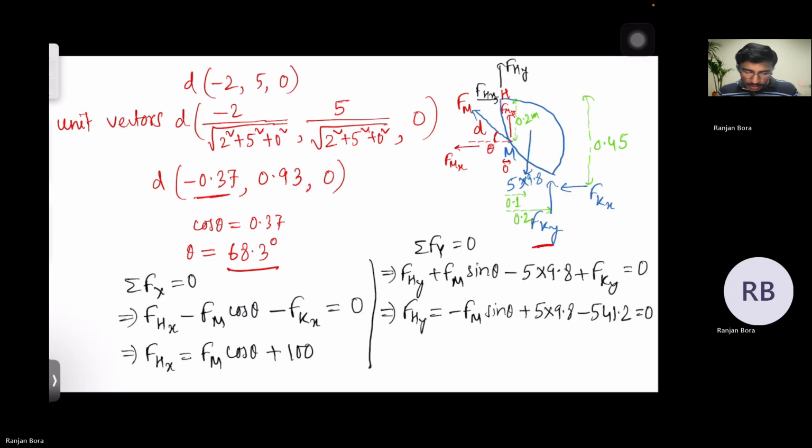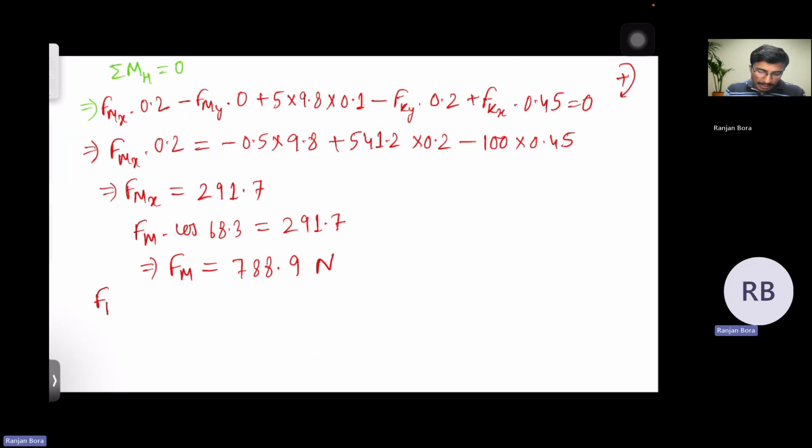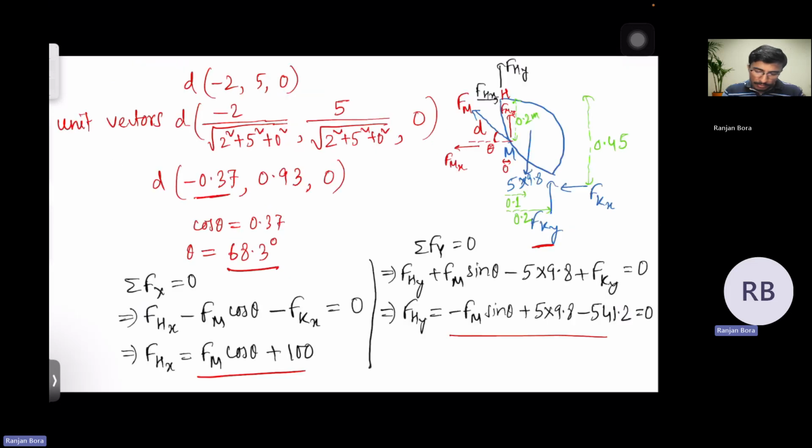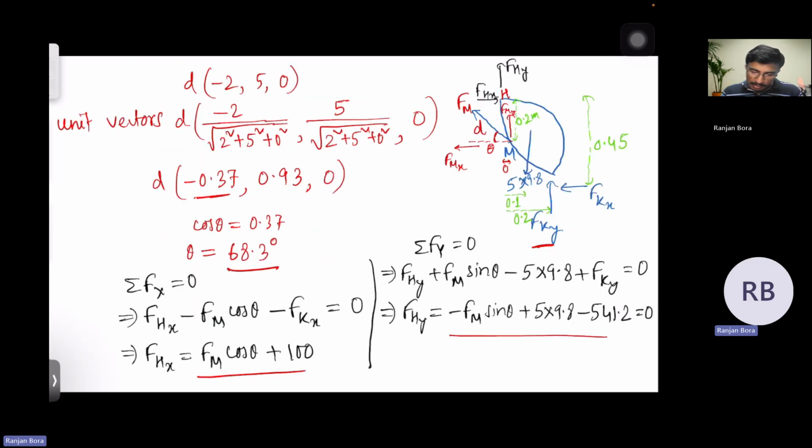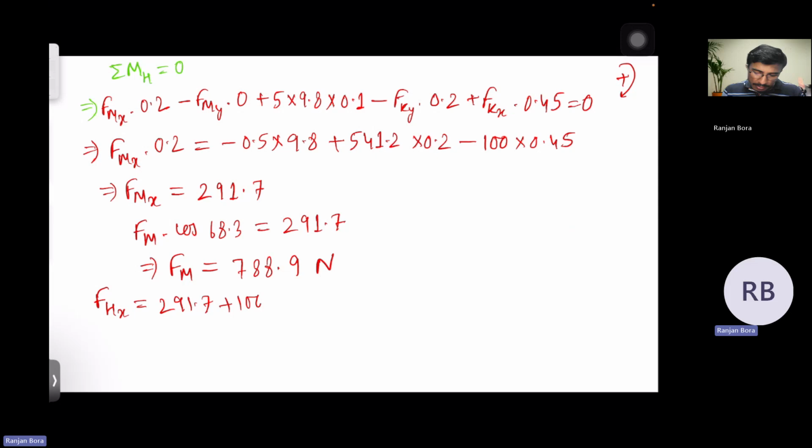Now we can substitute Fm in these two equations for finding the hip joint reaction forces. So Fhx will be equal to Fm cos theta, meaning Fmx, which is 291.7, plus 100, which is 391.7 Newton.